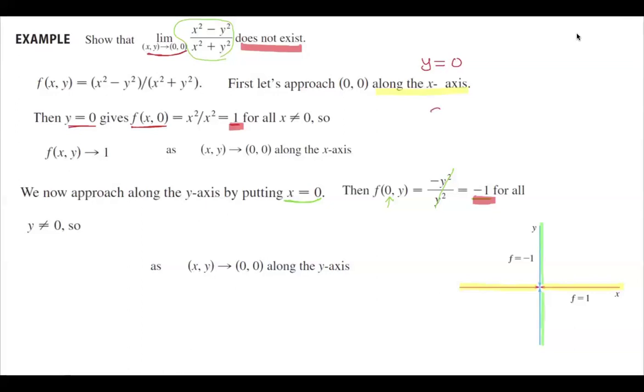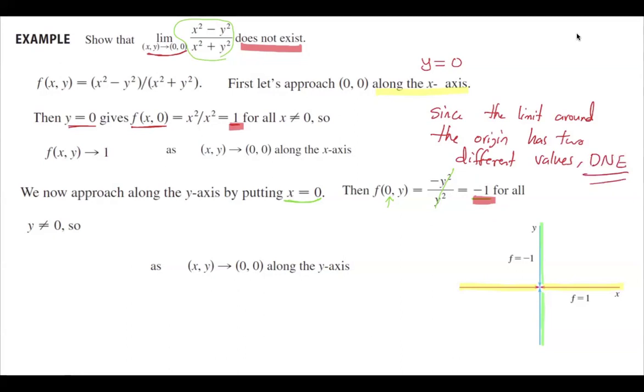So since the limit around the origin has two different values, we say that the limit does not exist.